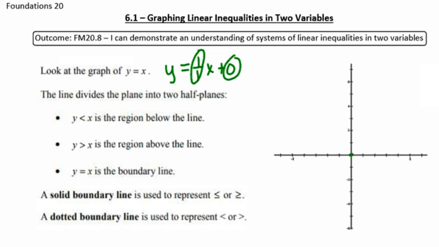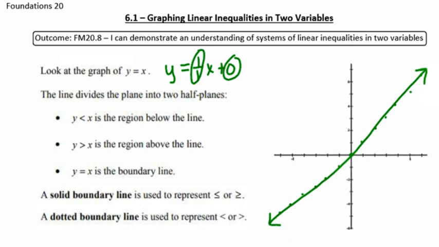So if I'm going up 1 over 1, x is 1, y is 1, x is 2, y is 2, and it's going to be increasing 5 and 5, 6 and 6 in a straight line like this. So connect again, your straight edge will make a much straighter line than mine did. But we see that our graph has a slope of 1 and a y-intercept of 0 there.